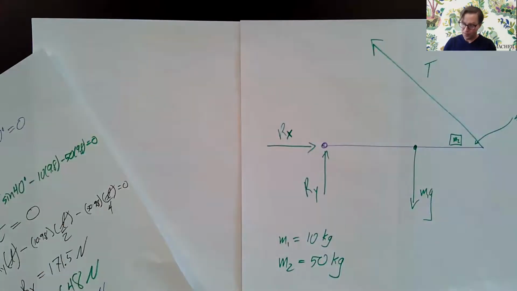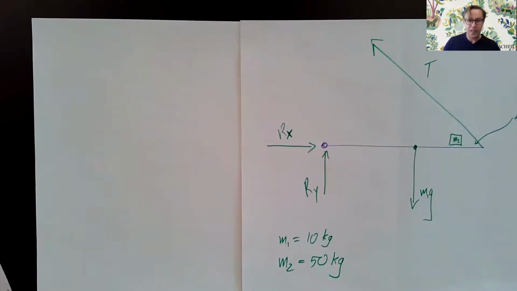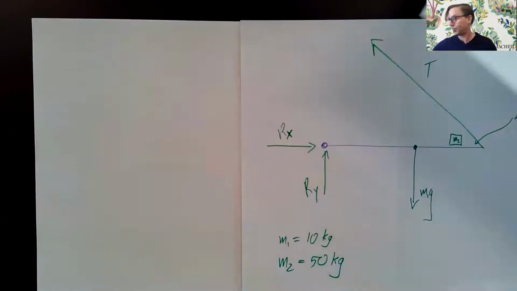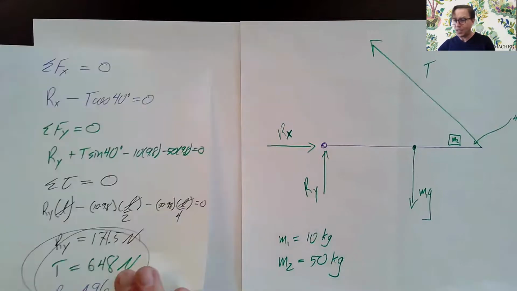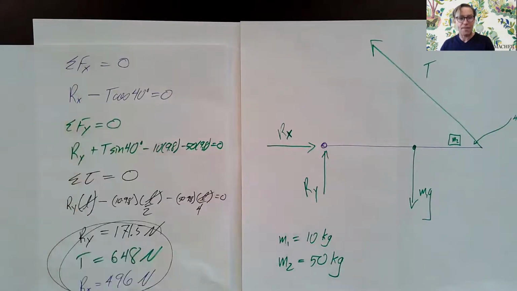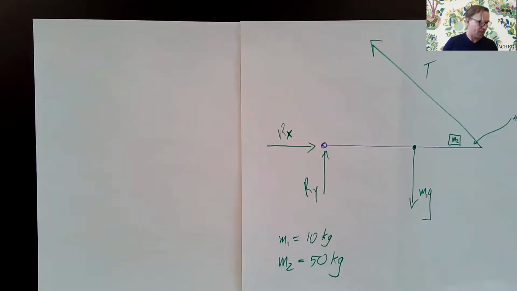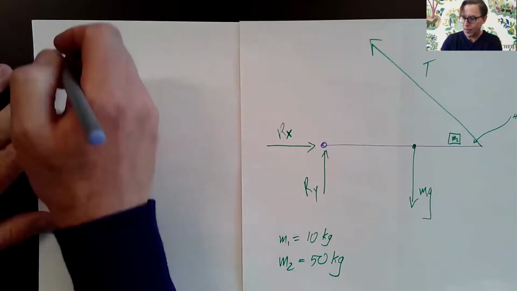Right, these ones right here. So let's hope I get these answers again. Fingers crossed. Okay, so with the left side as the pivot point, that doesn't change my Fx and my Fy equations, does it? So we're just going to write those again.